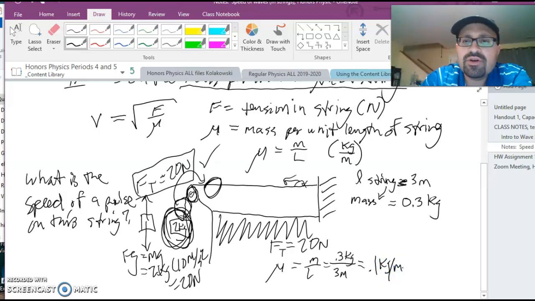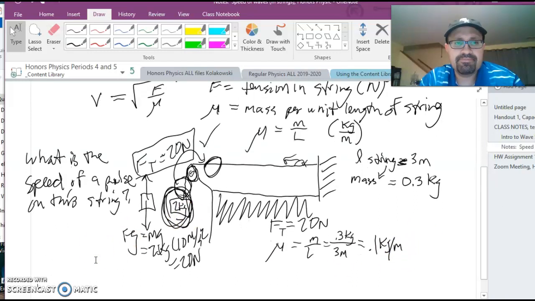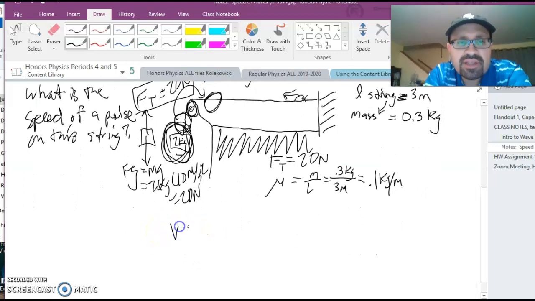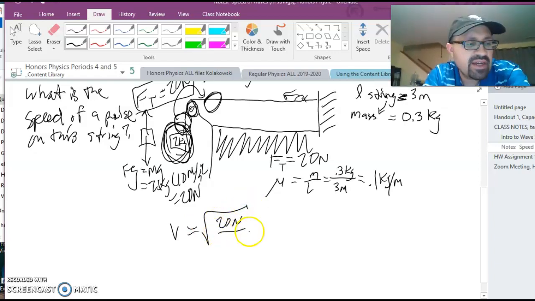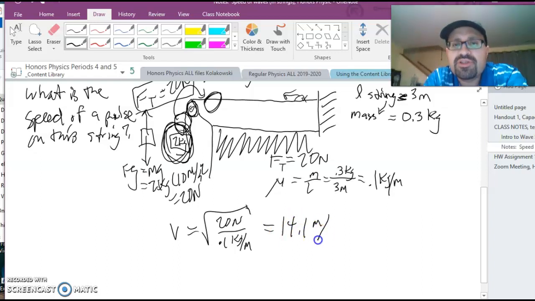And if we plug into our equation, we're going to take our 20 newtons and divide by the 0.1 kilograms per meter. Again, I apologize for the sloppy handwriting here. And when you plug that into your calculator, you get 14.1 meters per second.